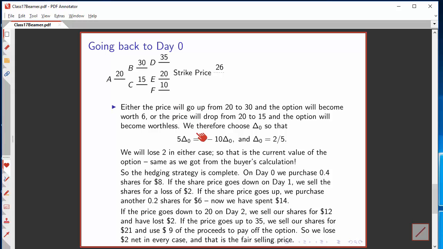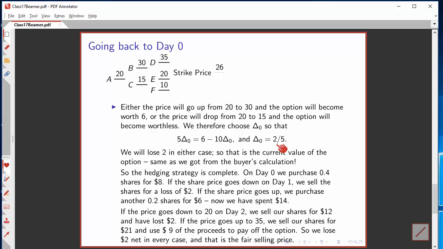We now lose 6 because it becomes worth 6, but that's mitigated by the gain resulting from our delta 0 shares having gone up in price by 10. This time 15 delta 0 is equal to 6. Delta 0 is 2/5. In either case, we are going to lose 2, and therefore that's the current value of the option.